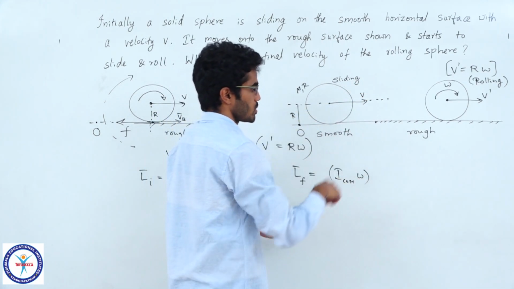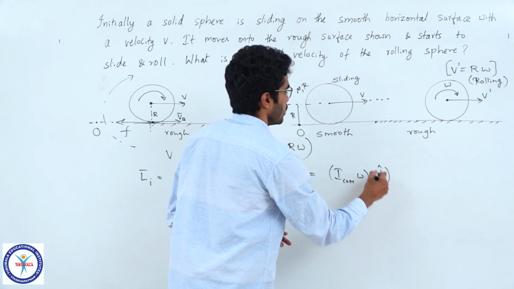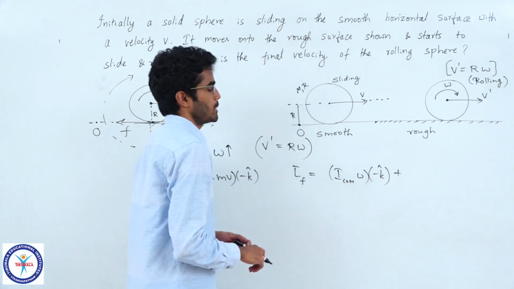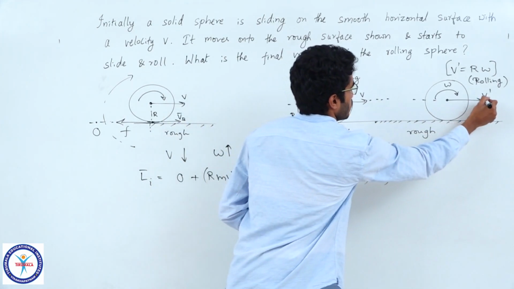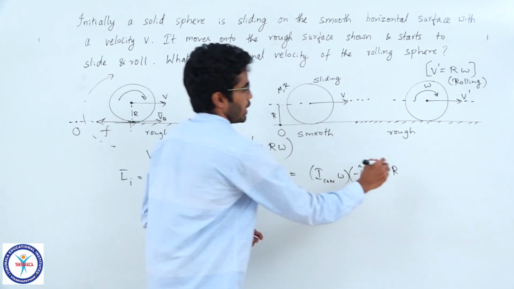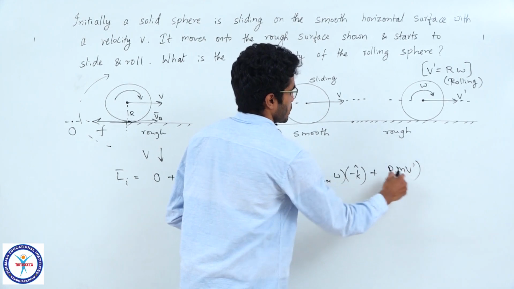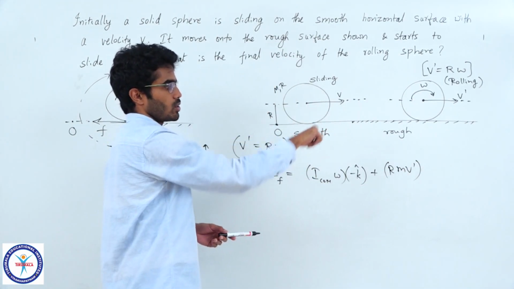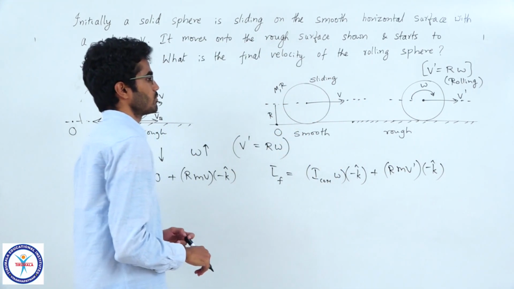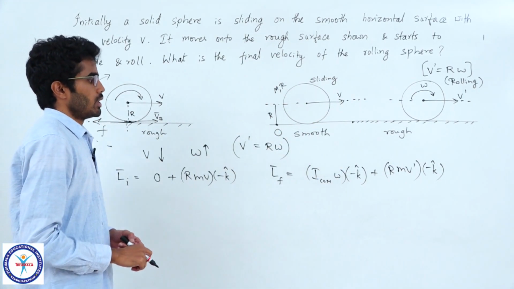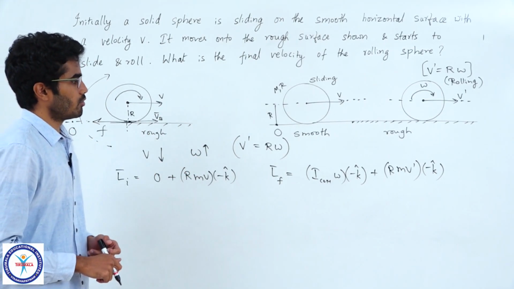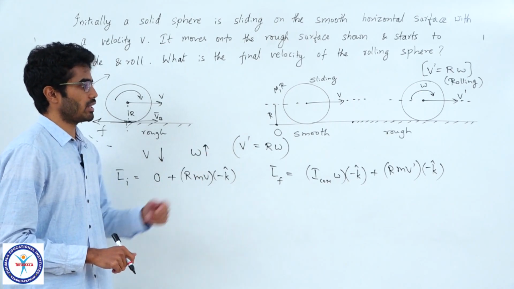Omega is clockwise, so the angular momentum is pointing inwards, minus k cap, plus the angular momentum for the translation, that is the perpendicular distance, it is still r m v dash, and this is also pointing inwards. So, minus k cap. So, we need to calculate v dash, our final velocity.